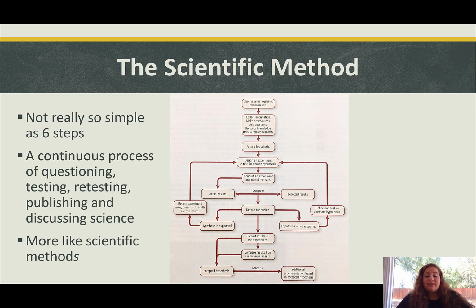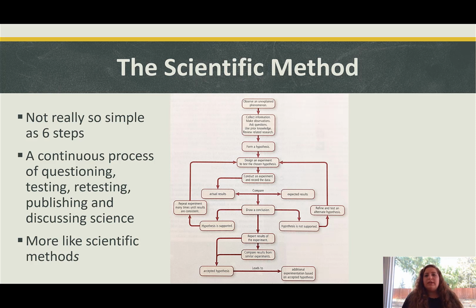You really have a continuous process. I can make an observation and form a hypothesis, then go back out the next day and make a completely new observation that makes me reevaluate my hypothesis. I can test a hypothesis and get results that make me say, well, why did that happen? And ask a whole new question and form a whole new hypothesis.